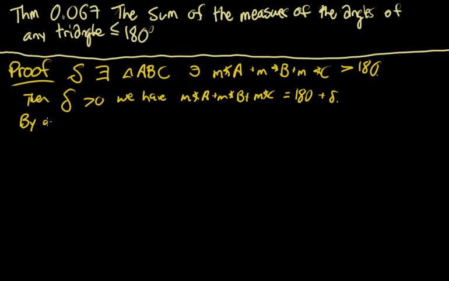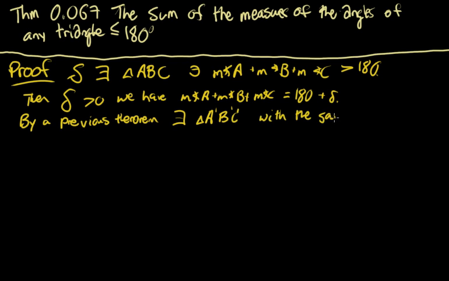I'm going to say that by a previous theorem, there exists a triangle A prime, B prime, C prime with the same angle sum as triangle ABC, and with measure of angle A prime less than delta.